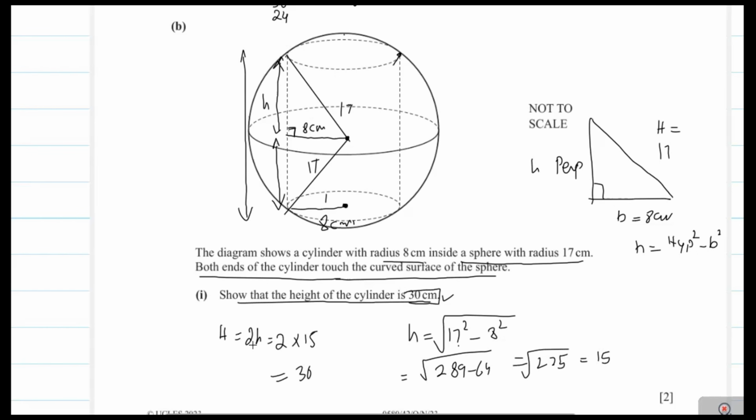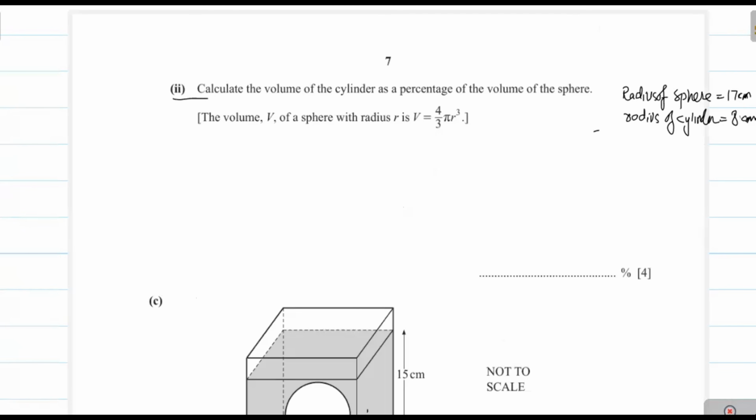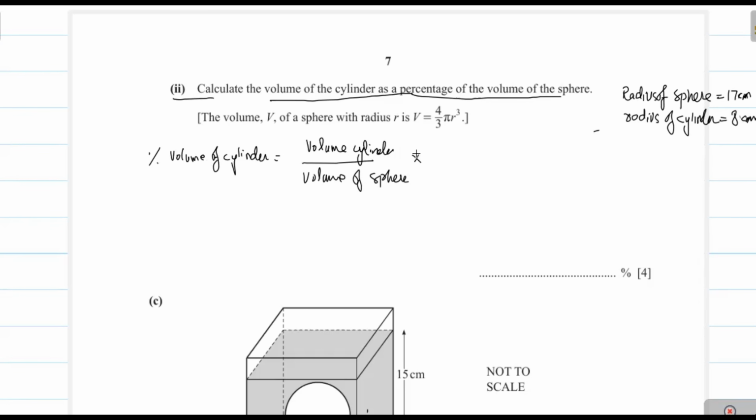This is the proof. Next part of this question. Part second, calculate the volume of the cylinder as a percentage of the volume of the sphere. Percentage volume of cylinder will be equal to volume of cylinder over volume of sphere multiplied by 100.